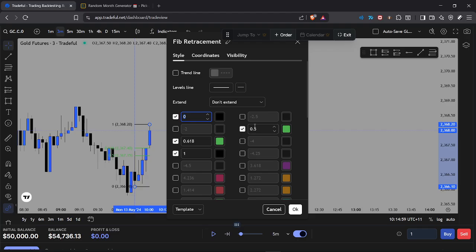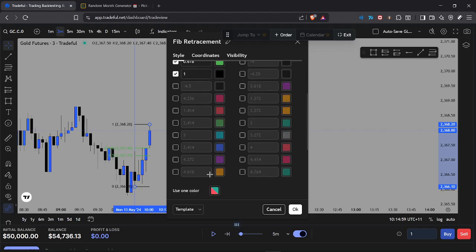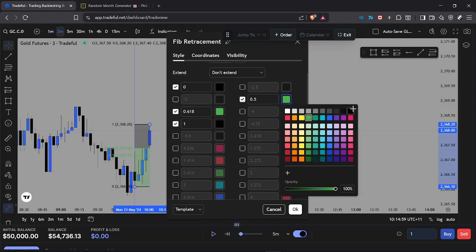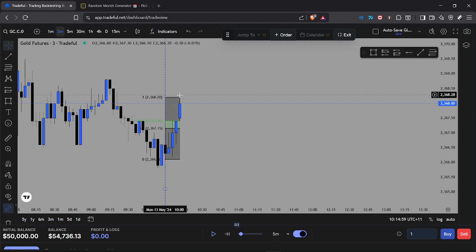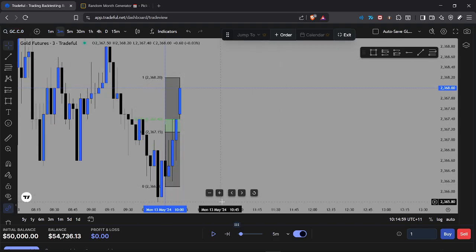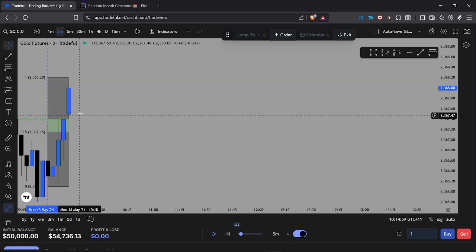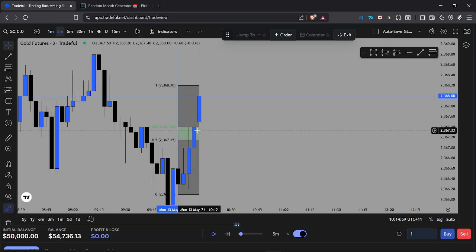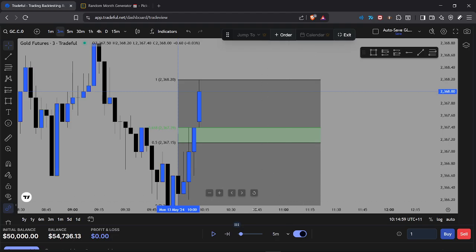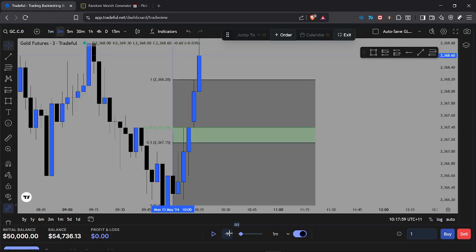Let me also get the background to be black. Okay. So then we need our first FVG, which we do not have yet. Now we have it.